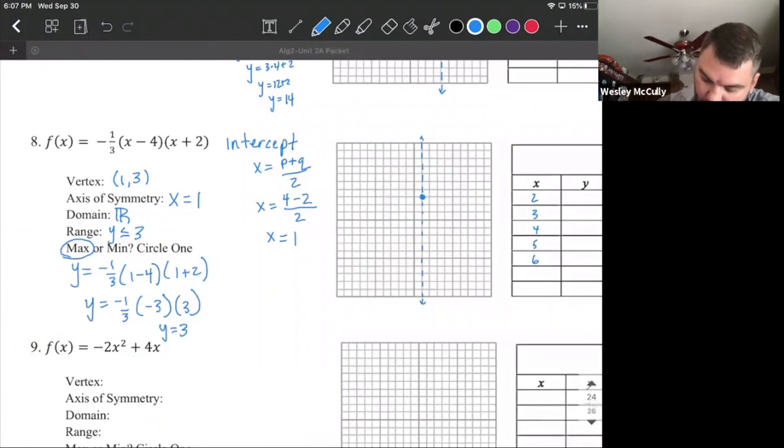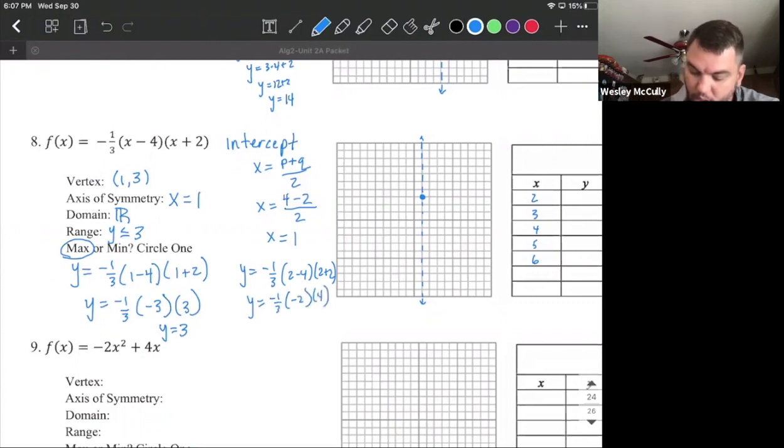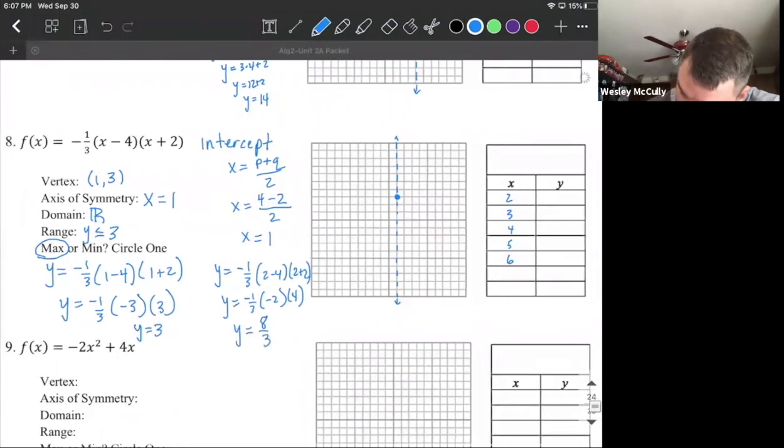Okay, so y equals negative 1/3 times 2 minus 4 times 2 plus 2. Y equals negative 1/3 times negative 2 times 4. So negative 2 times 4 is negative 8, and negative 8 times negative 1/3 is y equals 8/3. So 8/3 is my y value.